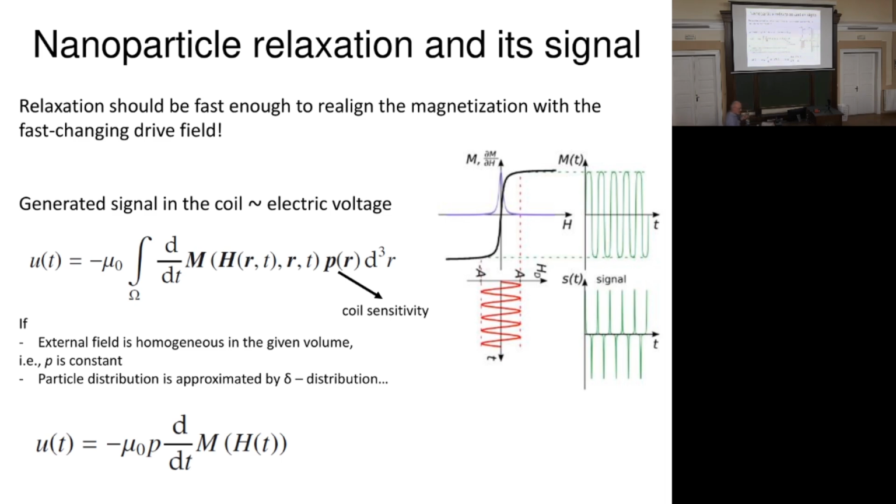Therefore, relaxation times are crucial. We cannot just slow acquisition, because if we slow excitation, then we lose the signal. So this is the problem which everyone solves when developing the nanoparticles.